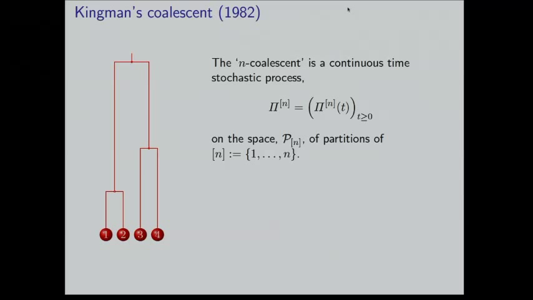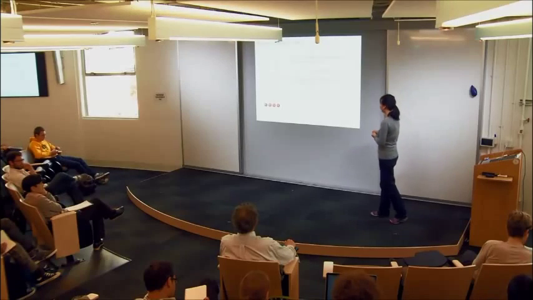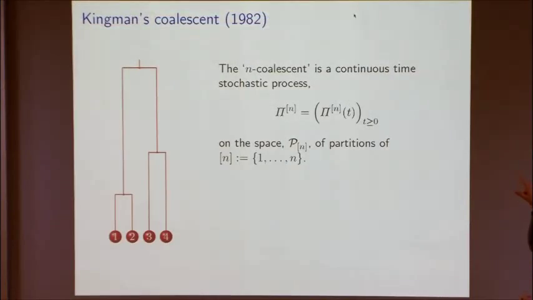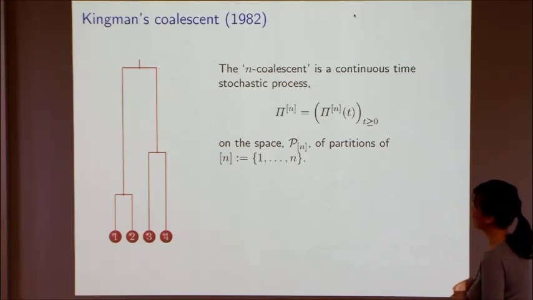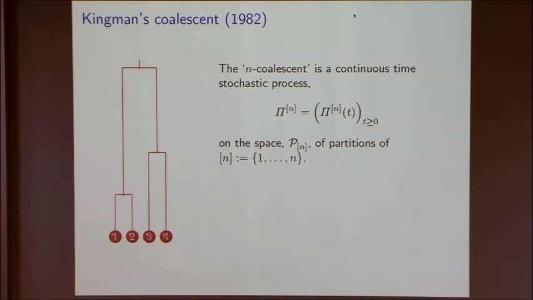So the n-coalescent is a continuous time stochastic process. It's given by capital pi n, with n in square brackets defined as the set of integers from 1 to n, and it takes values in the space of partitions of n.